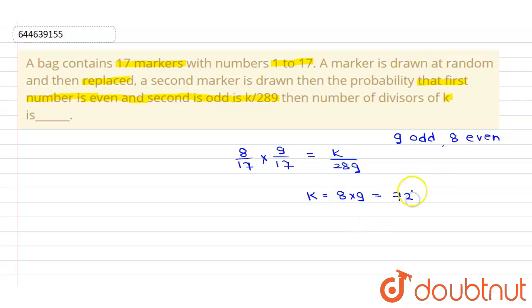Now in this particular question we have to find the number of divisors of 72, which is k.